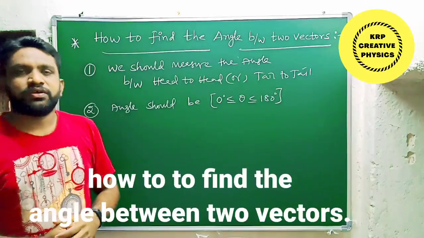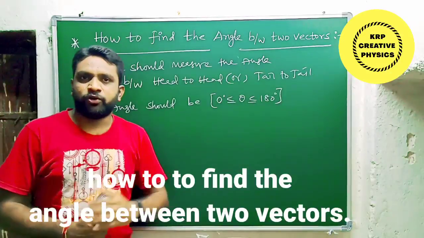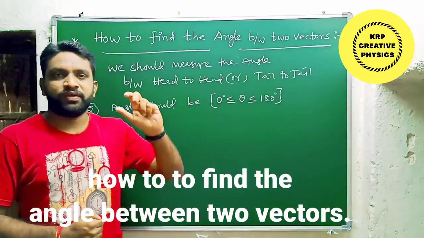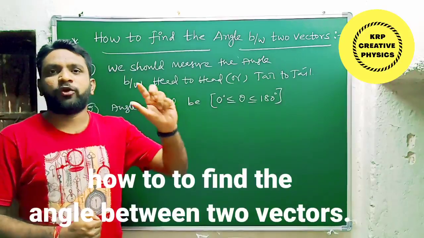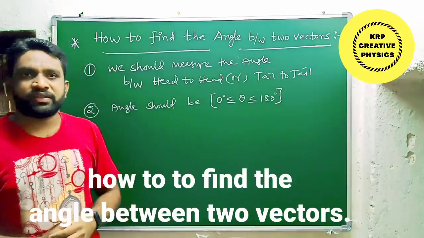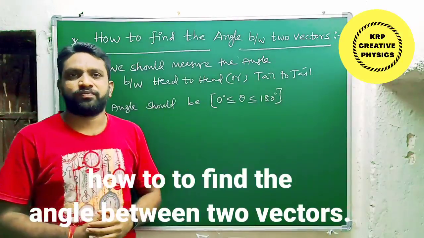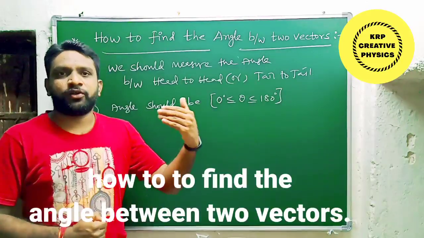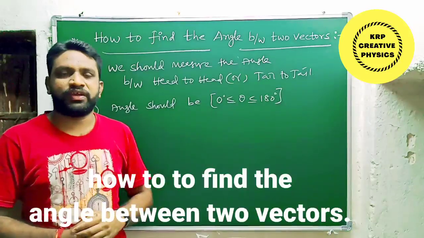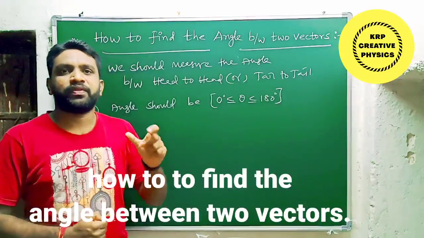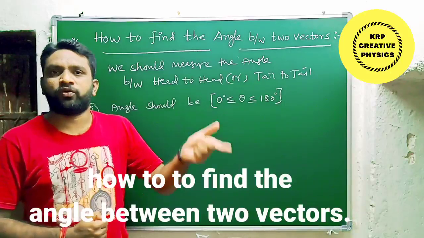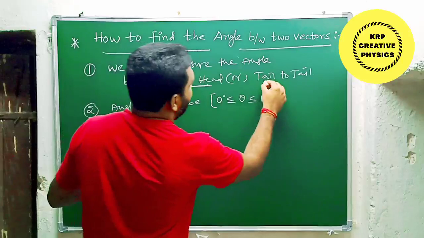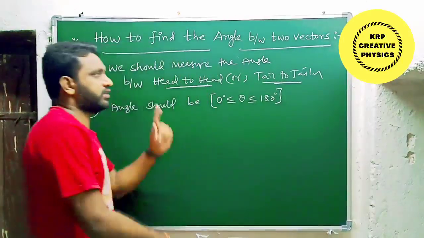Always, if you want to measure the angle between any two vectors, we need to measure the angle between head to head or else tail to tail. But if we measure the angle between head to tail, that is wrong. We should not measure the angle between head to tail or tail to head, that is wrong. We need to measure the angle only between head to head or between tail to tail. That is the first process everyone should remember. So that is the first condition.